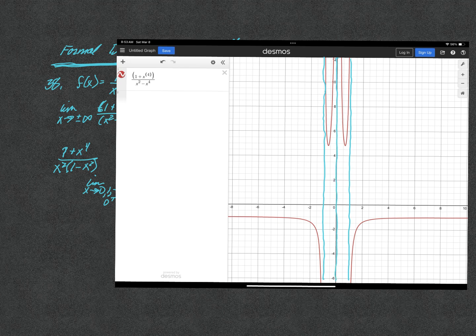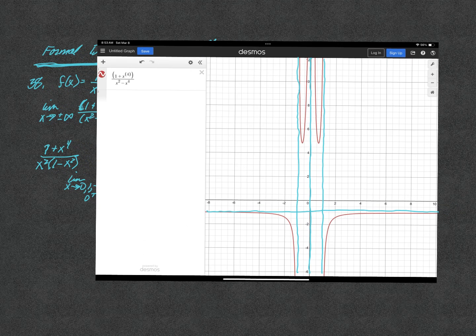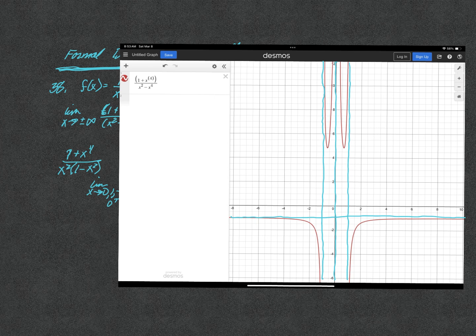And those were the vertical asymptotes. And we can see that the graph is approaching them. So that's a confirm. And then we can also see the horizontal asymptote at y equals negative 1. So that's a confirm as well. Okay? So there you go. That's what you're supposed to do on problems 35 to 40.